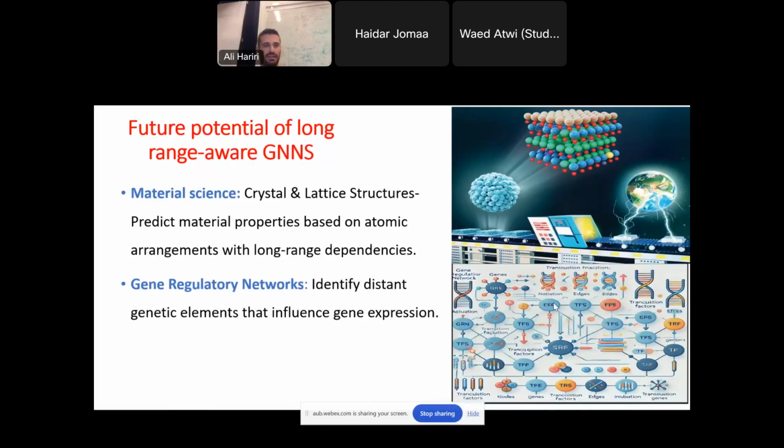Future potentials of GNNs. Now they are in high demand in material science and in biological networks. As I said, there are different applications of GNNs. Everything that can be modeled as a graph: material structures, and also the lattice structures that you can see as a mesh. In telecommunication networks, GNNs are accelerating as well.